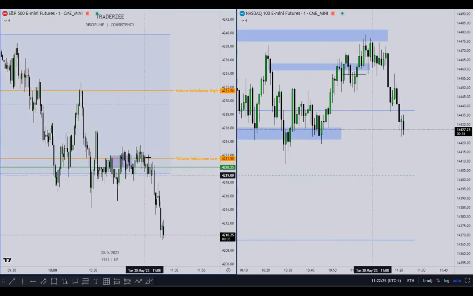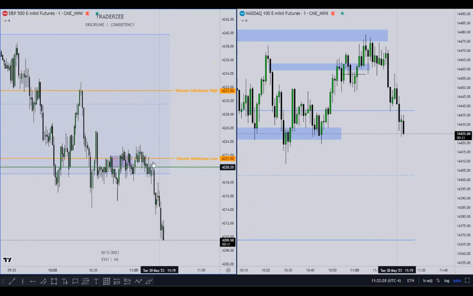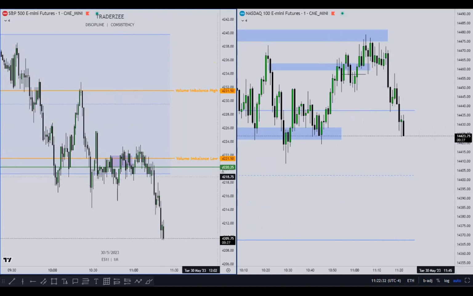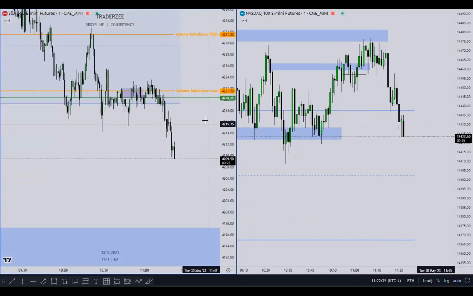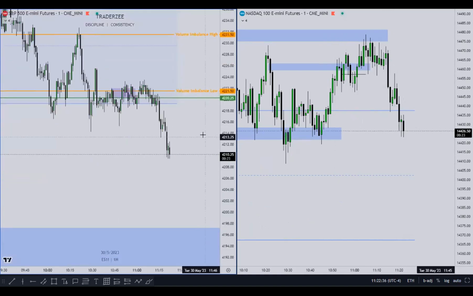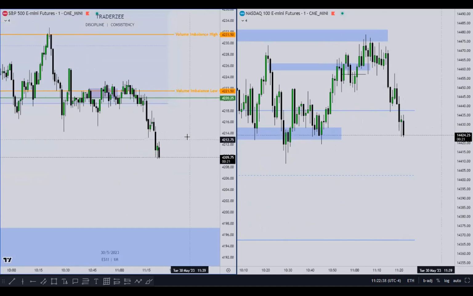Even though it's an expansion, and even though I timed it, it's a very risky thing to do. You can tape read it, you can anticipate it, but entering before the expansion with a tight stop loss, I think only ICT has that experience.